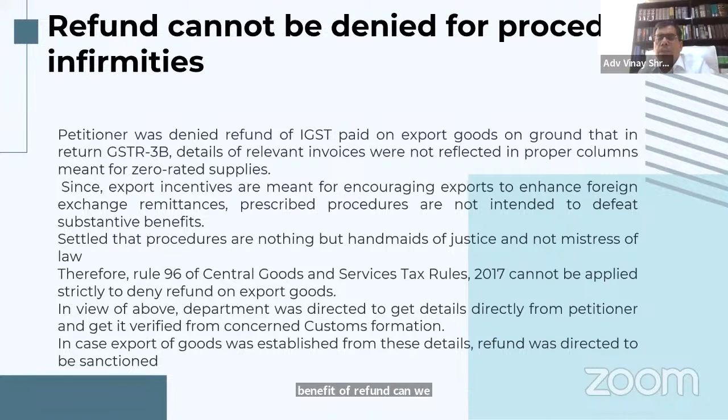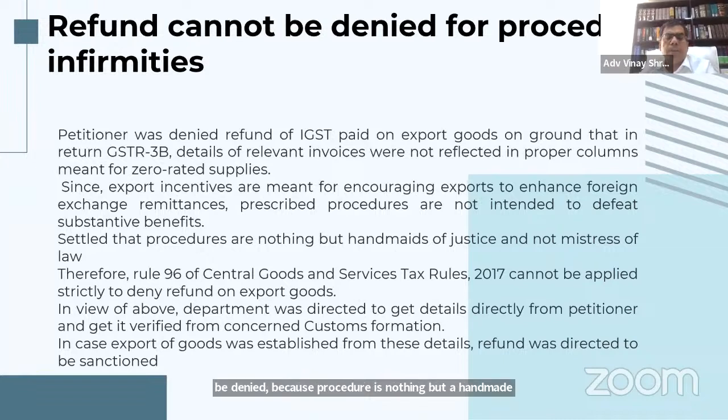So here in one of the judgments, the Honorable Supreme Court said that procedural requirements cannot come in the way of denial of a substantive credit. So once somebody has satisfied all other conditions, then just because somebody has committed an error in filling up the GSTR 3B return, the substantive benefit cannot be denied, because procedure is nothing but a handmaid of justice and not the mistress of law.